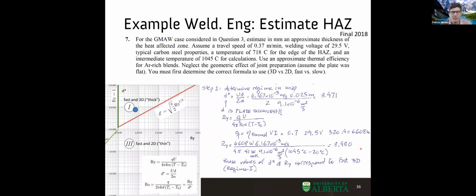The first step in all the welding problems, all these temperature associated problems, is to know what formula am I going to use. Those of you who took the heat transfer class remember that before you calculate heat transfer with convection, you need to know, is it laminar? Is it turbulent?